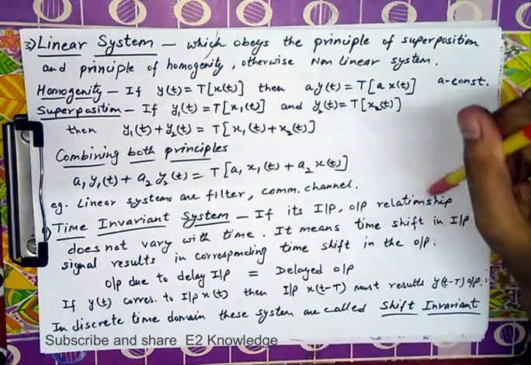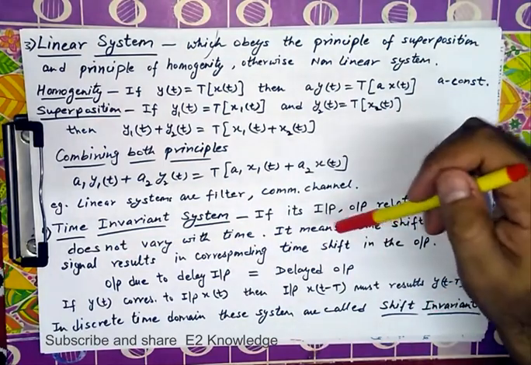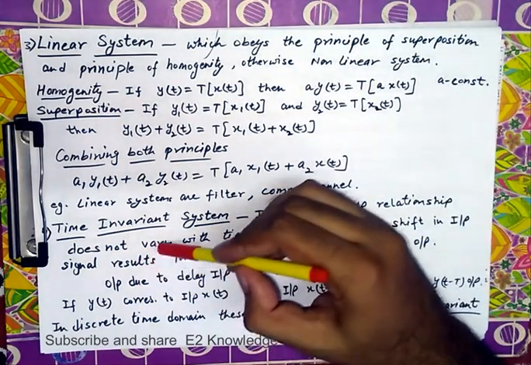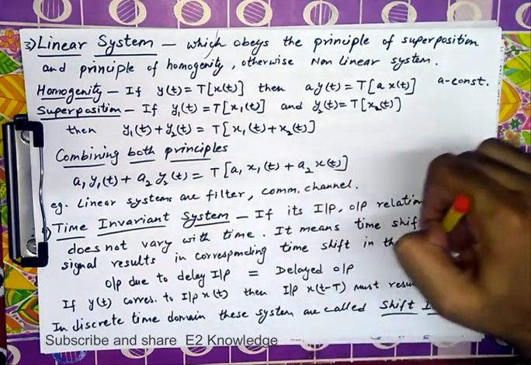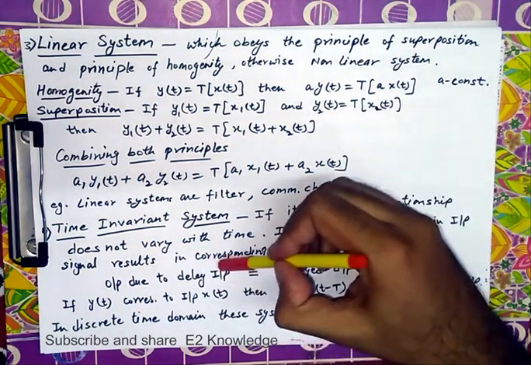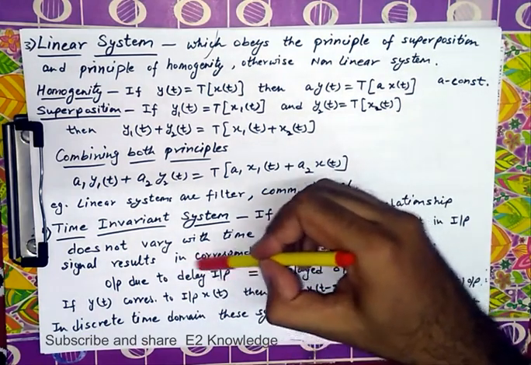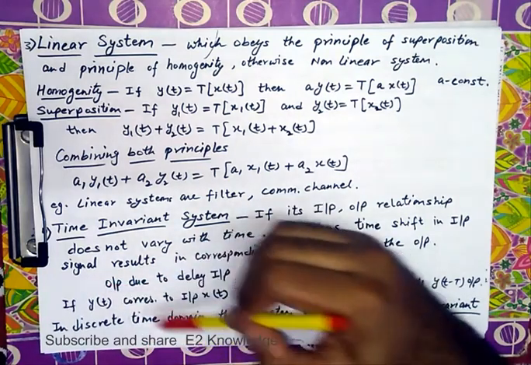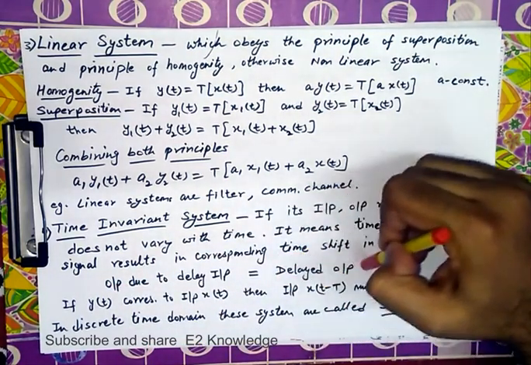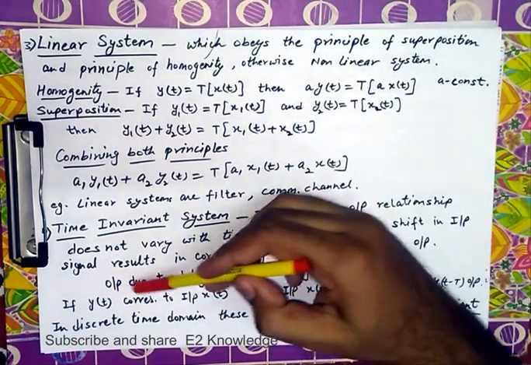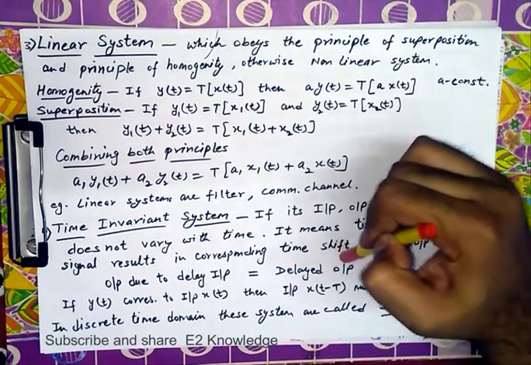It means a time shift in the input signal results in a corresponding time shift in the output. If the input is delayed and fed to the system, the output must simply be delayed by the same amount. So the output due to a delayed input must be equal to the delayed output.